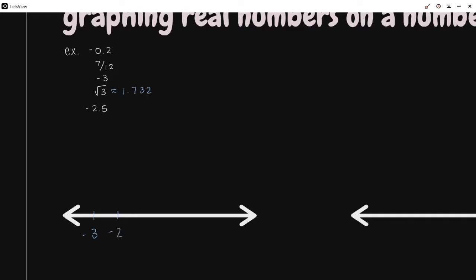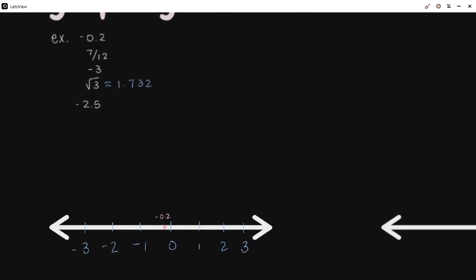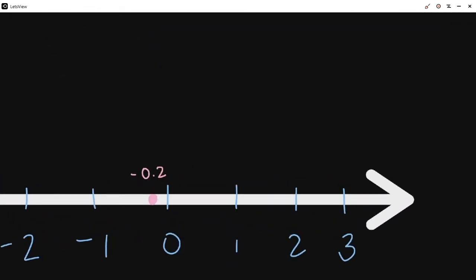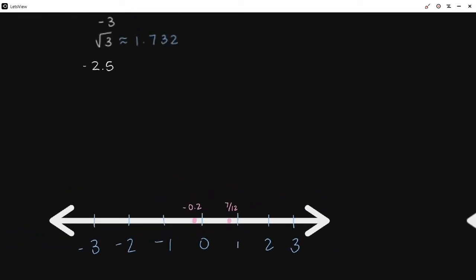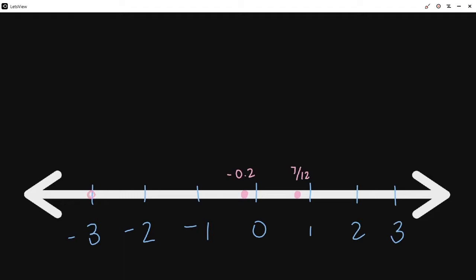And then on my number line, I'm going to start at -3 and figure out where the points would be. So -0.2 would be a little less than 0, so it would be like somewhere here. And then 7/12, that's a little less than 1, so somewhere here. The next number is -3, so that would be right on the -3.